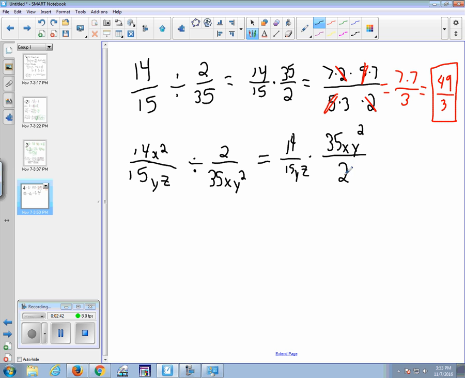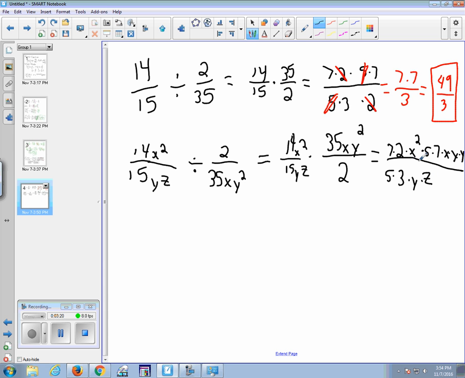Before we even think about factoring, looking to see what they have in common, we need to have it as a multiplication problem. Now, I can recognize even's going to cancel with even. 7 times 2. 35 and 15, 5's going to cancel there. Here's my 5.